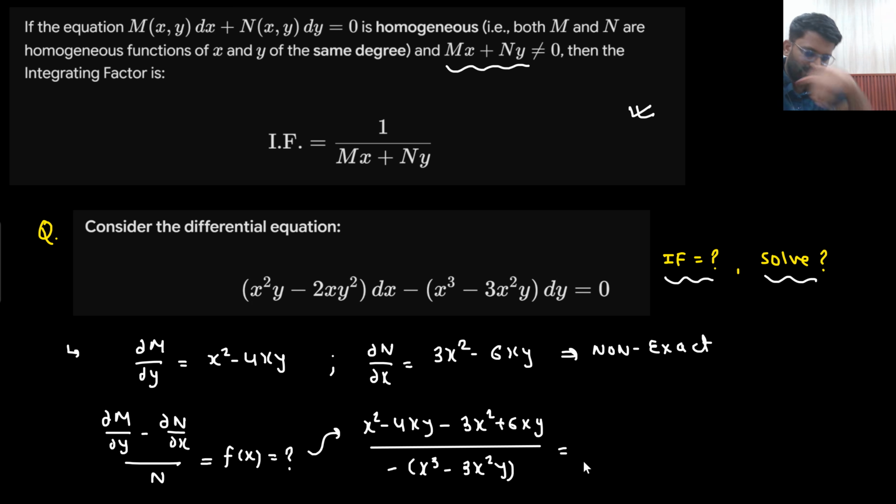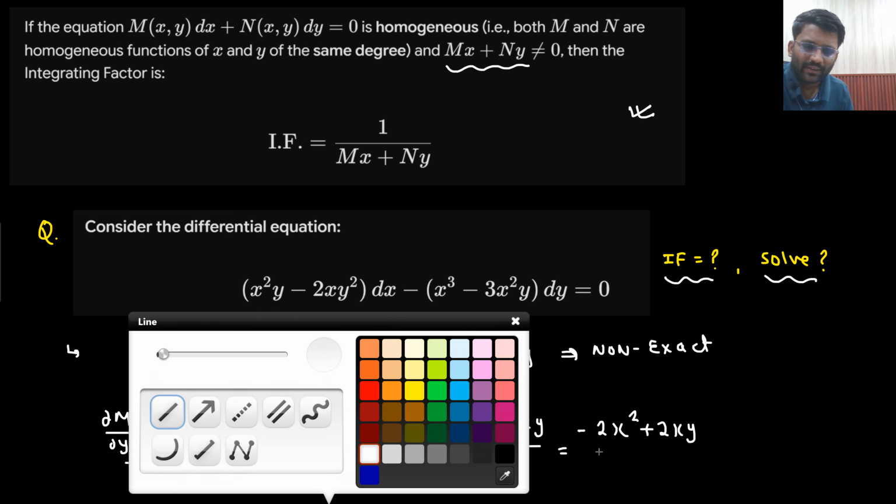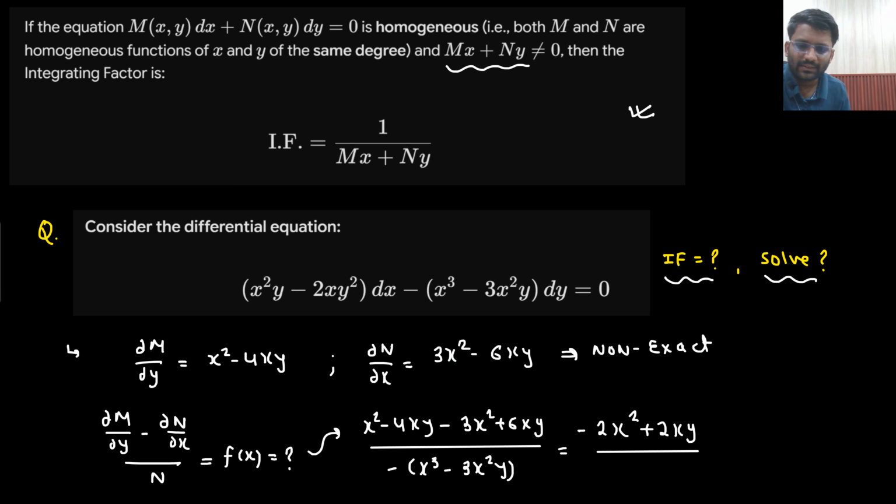So what answer are you getting? It is minus 2x square plus 2xy divided by, let's say if I take x common, x square plus 3xy. There is no chance that it is coming out to be a function of x.